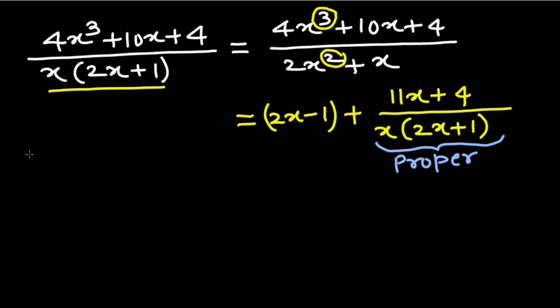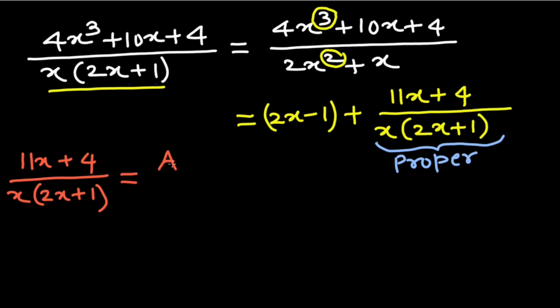So we write this proper function 11x plus 4 by x into 2x plus 1 equals a by x plus b by 2x plus 1, because the denominator contains non-repeating linear factors.